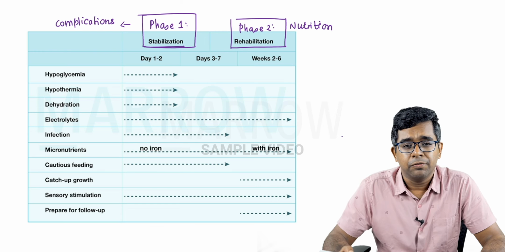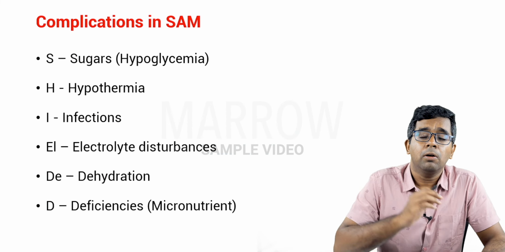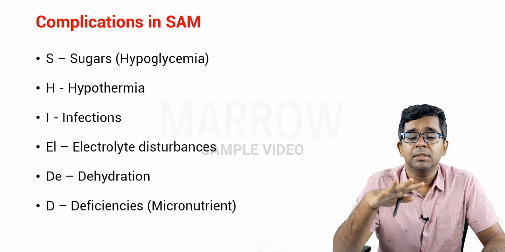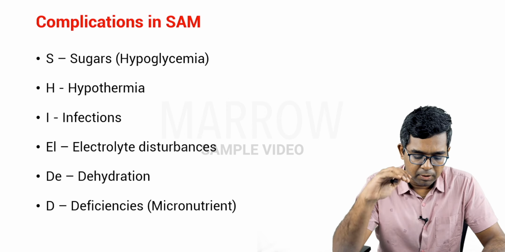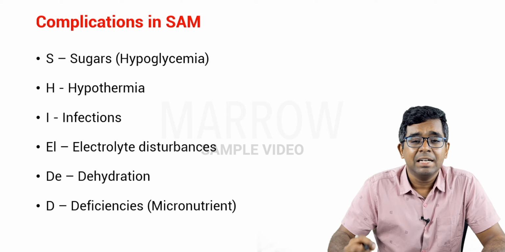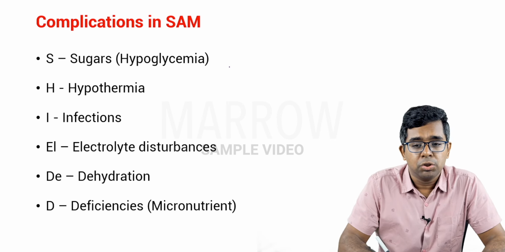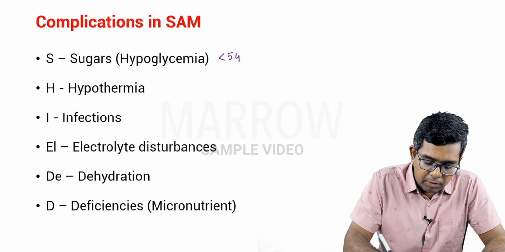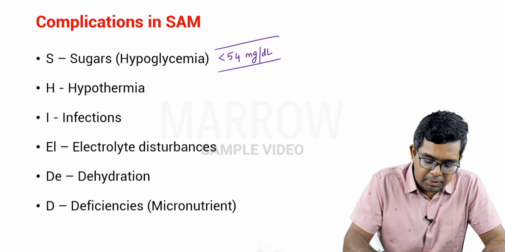Now what I want you to focus on is the complications in SAM, which are managed in the first or stabilization stage. The complications are remembered by this very famous mnemonic called SHIELD. S for sugar, which refers to glucose values of less than 54 milligram per deciliter.